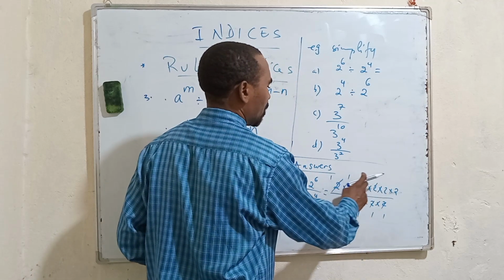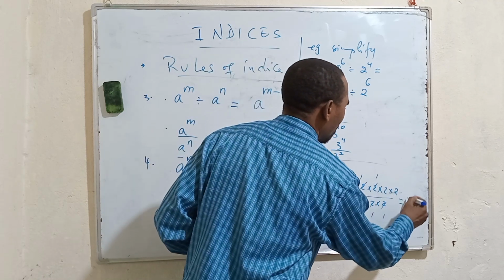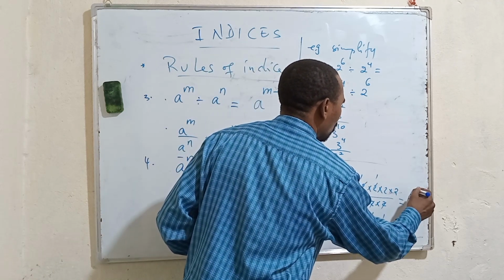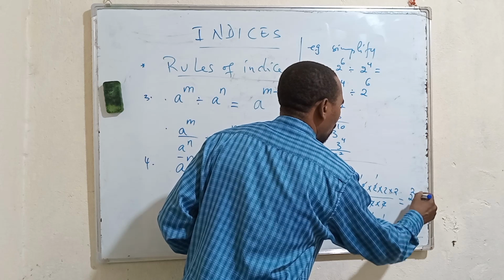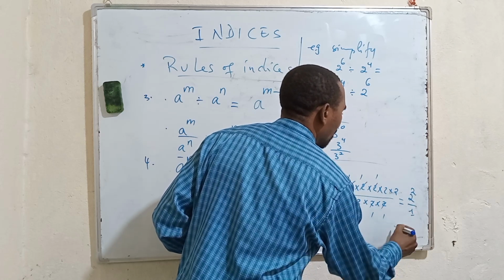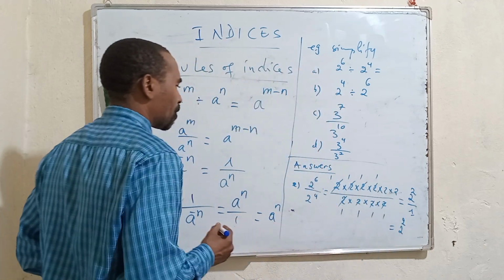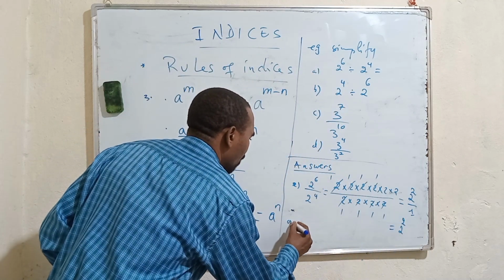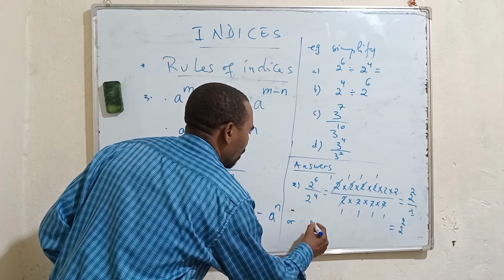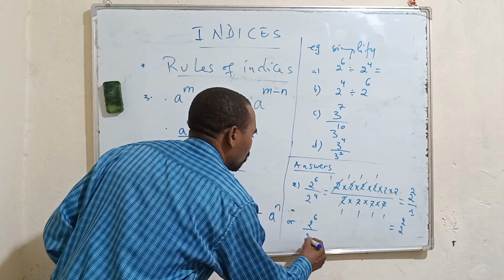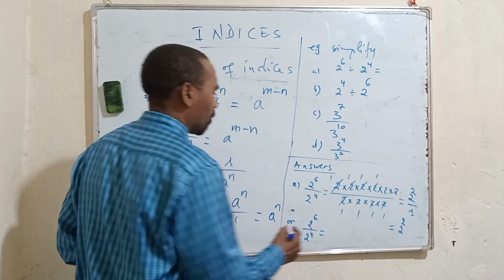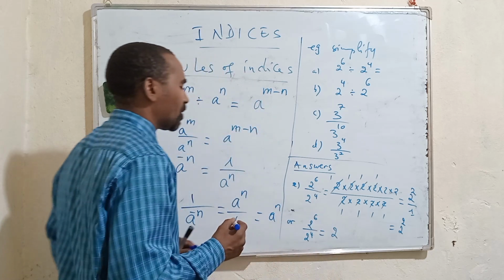Then 1 times 1 times 1 times 1 times 2 times 2, you get 2 power 2 over 1, which is finally 2 power 2. When you use the property, 2 power 6 over 2 power 4, we copy the base and subtract the powers.